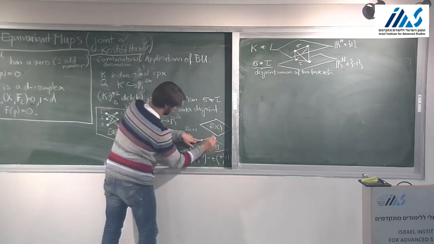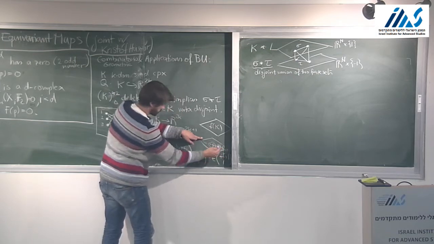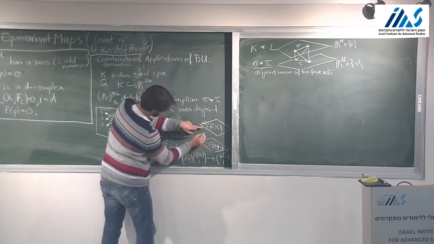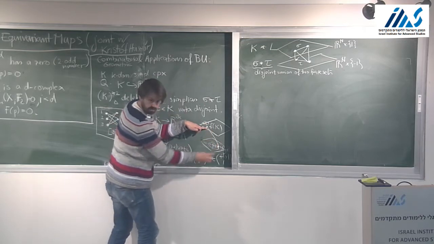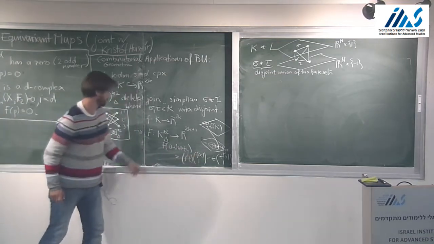So if this is minus f of y, comma minus 1, and this is f of x, you move along this segment. Yeah, sorry, this is a minus.